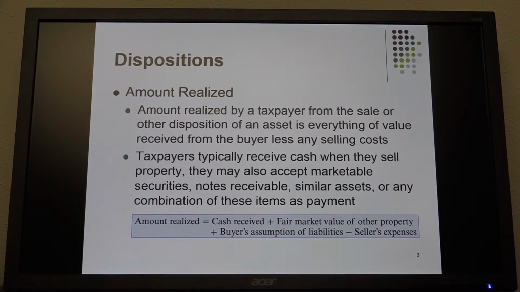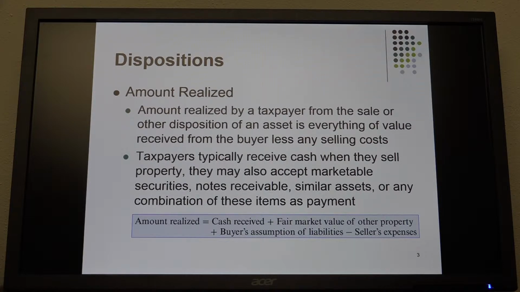Now understand, remember, any type of transaction that affects property rights by the taxpayer is potentially taxable.